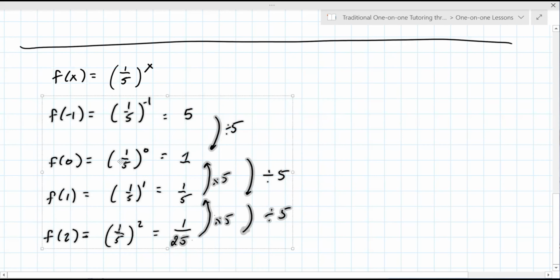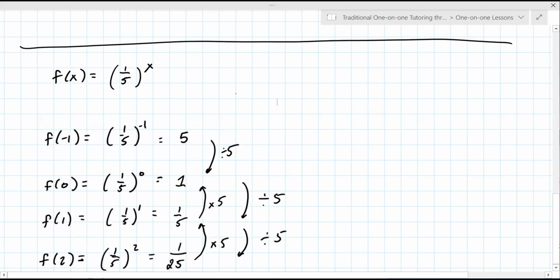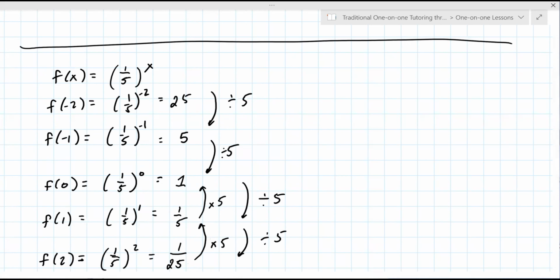Let's move all this down just a tiny bit. What number do you divide by 5 to get 5? 25. So would you believe that 1/5 to the -2 is 25? Yes. So positives are fractions.